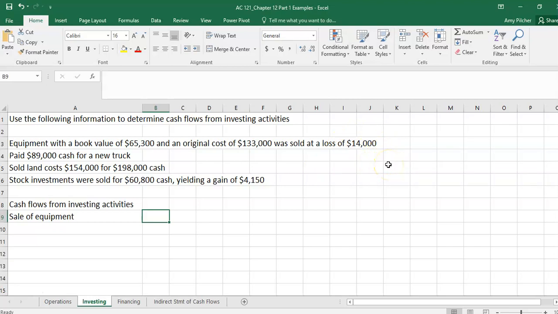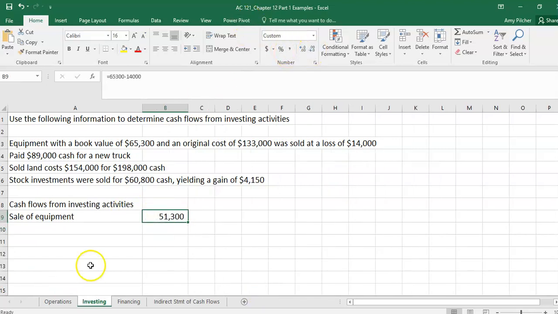That means that the cash we received for that equipment was $14,000 less than the book value. So we take the book value, $65,300, minus that loss of $14,000, and that tells us how much cash we received from that sale.